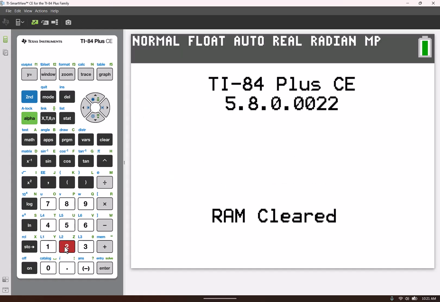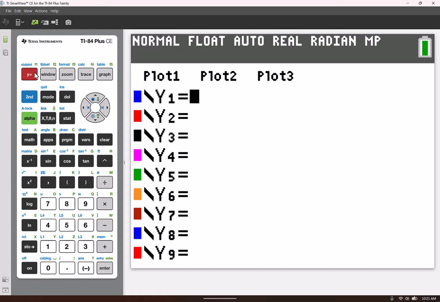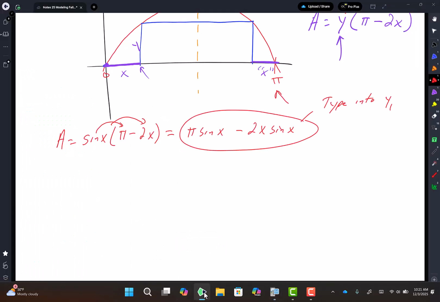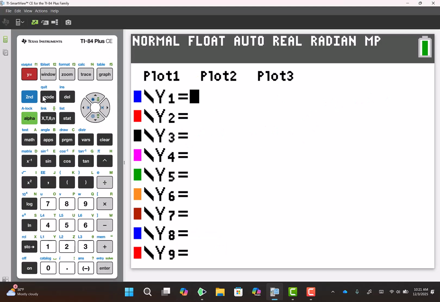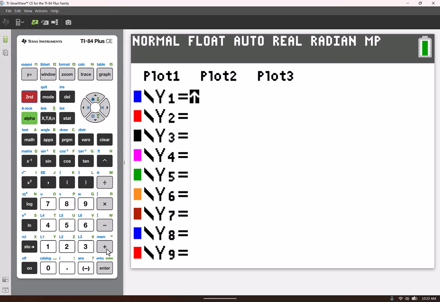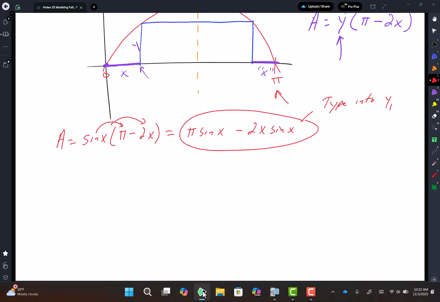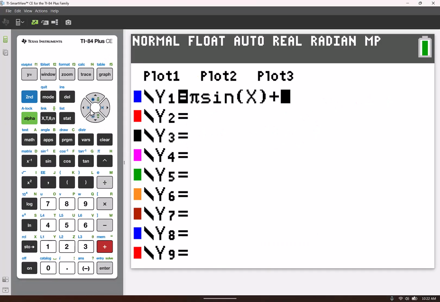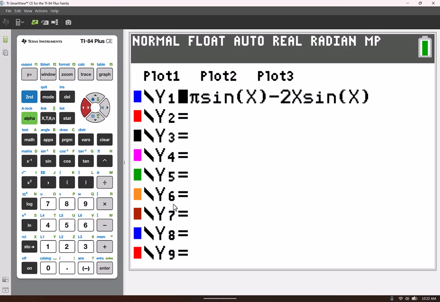And then in y1, I'm going to type in pi sine x minus 2x sine x. Okay. Turn off y1. How do you turn it off? Hover over the equal sign and push enter.